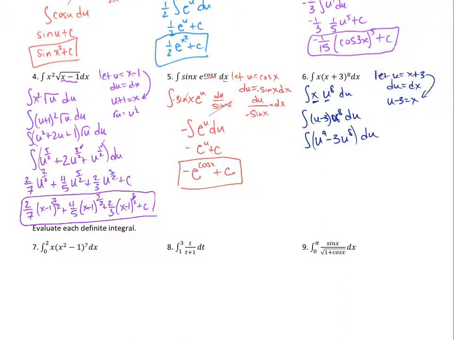And I'll go ahead and integrate this, and I'll get 1/10 u to the 10th minus, this will end up being u to the 9th, so I need a 1/3 out in front of this, plus c. And let's go ahead and make our resubstitution. So 1/10 x plus 3 to the 10th minus 1/3 x plus 3 to the 9th plus c.